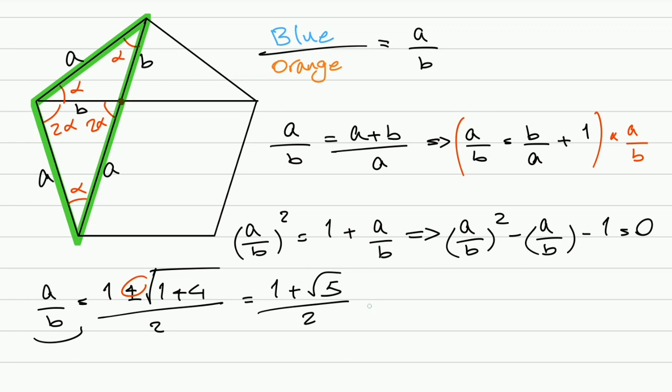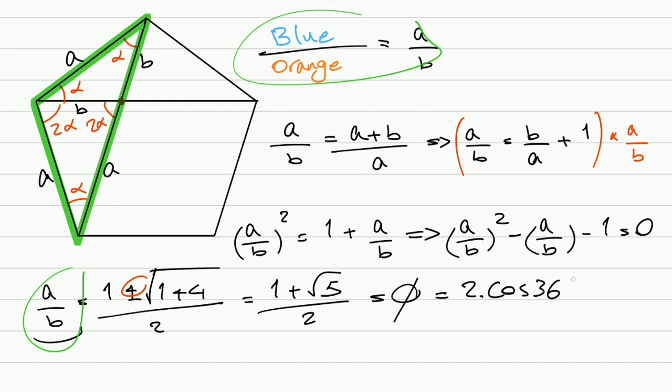That is the golden ratio, or as we call it, phi. And remember, A over B is the blue area over the orange area, the answer. And also remember that it was equal to 2 times cosine 36 degrees. So we also learned something else, and that is cosine of 36 degrees is equal to phi over 2. Maybe we can use it later.